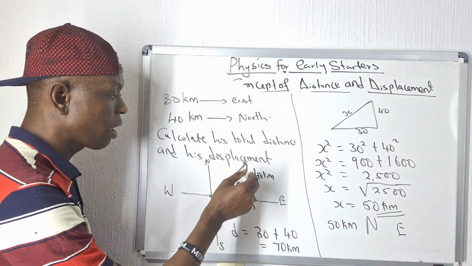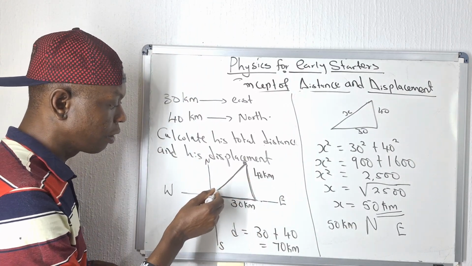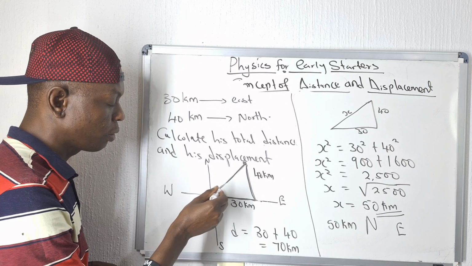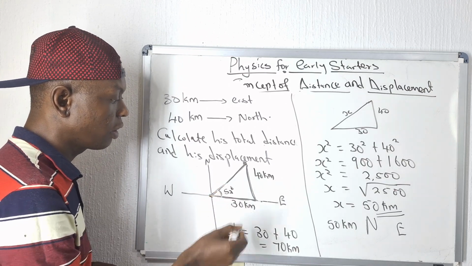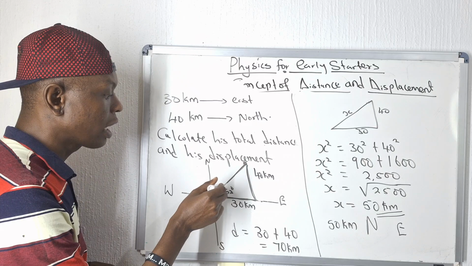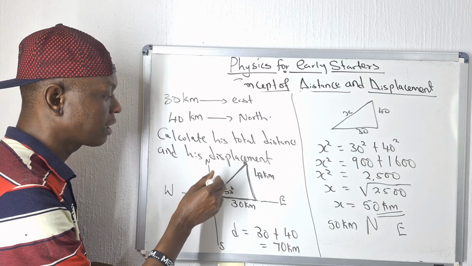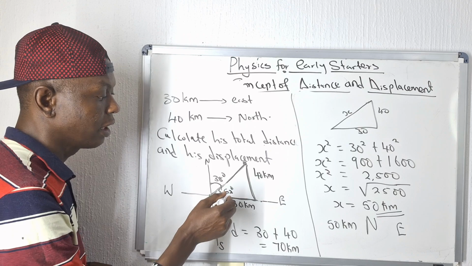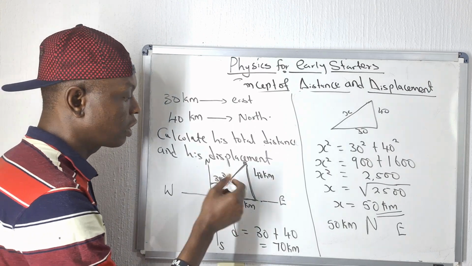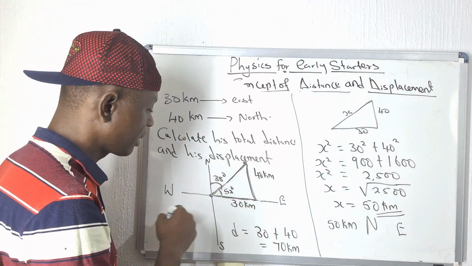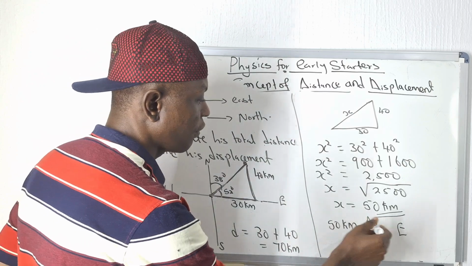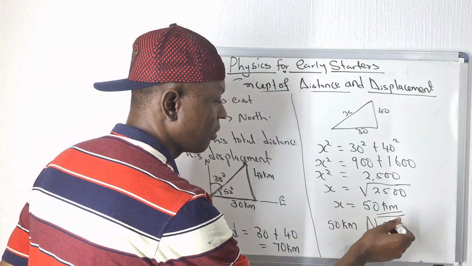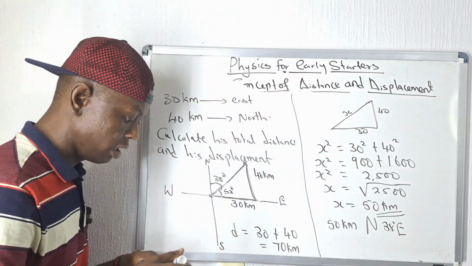When you measure out very well, you'll find out that the angle from here to here should be 52 degrees. And if the angle from here to here is 52 degrees, so here should be 38 degrees. Remember that this forms a right angle, which is 90. So when you add it up, it forms 90. So his displacement is simply 50 kilometers, 38 degrees north of east.